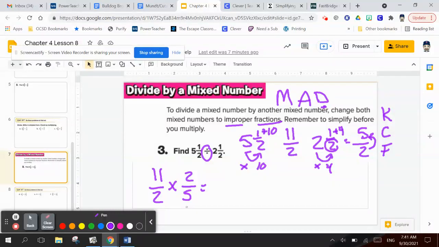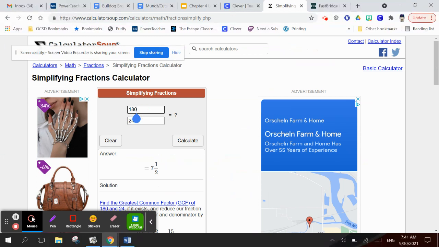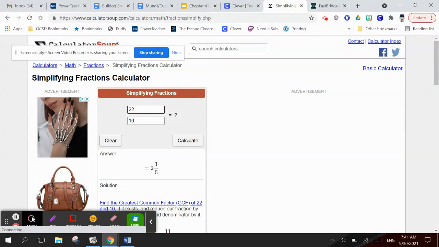When I do this, I multiply across. 11 times 2 is 22. 2 times 5 is 10. And when I put that in the simplest form, 22/10, I get 2 1/5.